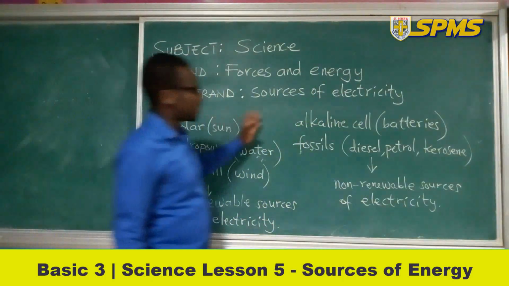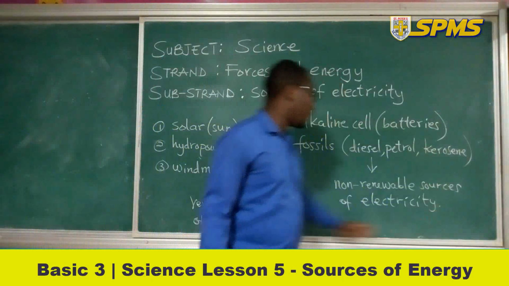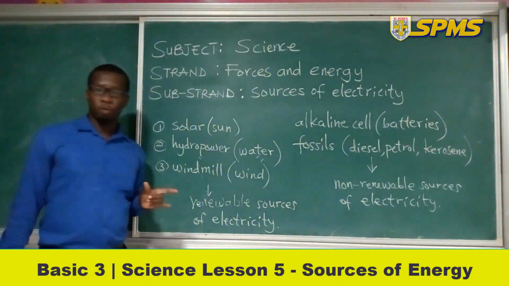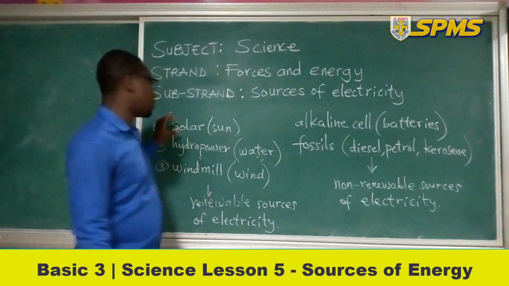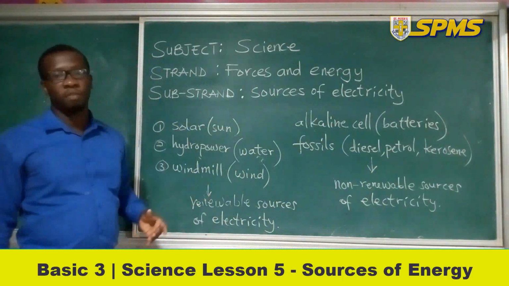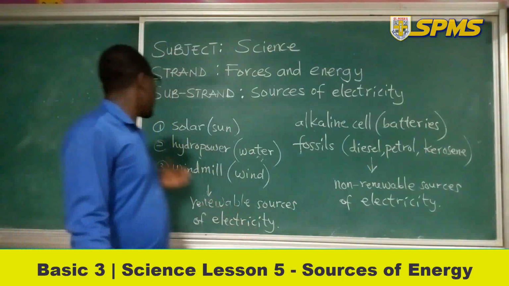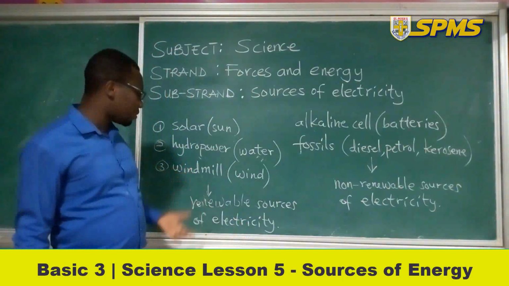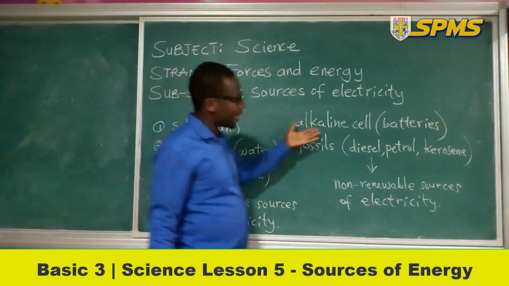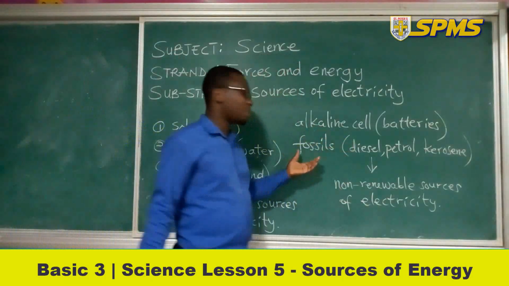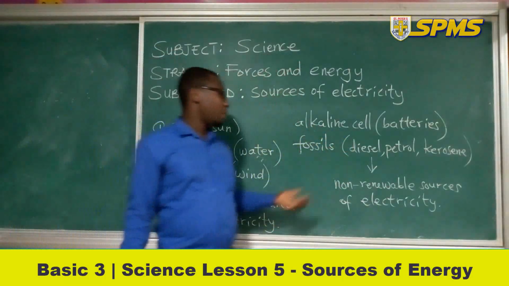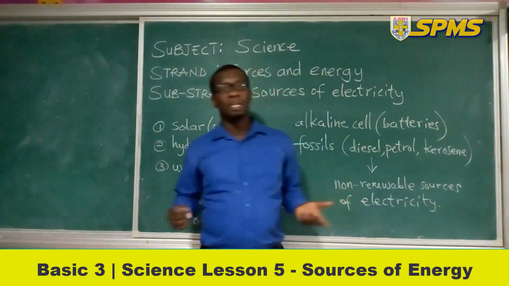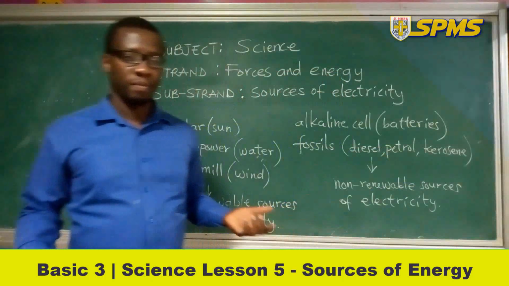All these sources of electricity can be used in our various homes. We can use the sun, the hydropower, the windmill, the alkaline cells, and the fossil fuels. We can put the diesel or petrol in our generators to produce electricity.